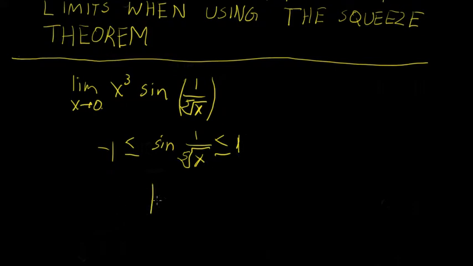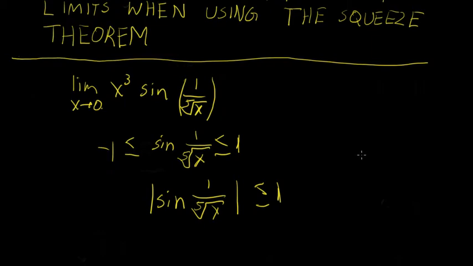We can rewrite this as the absolute value of sine of 1 over the fifth root of x is less than or equal to 1. And all this is saying is that sine of 1 over the fifth root of x is always less than 1 unit from 0 on the number line.